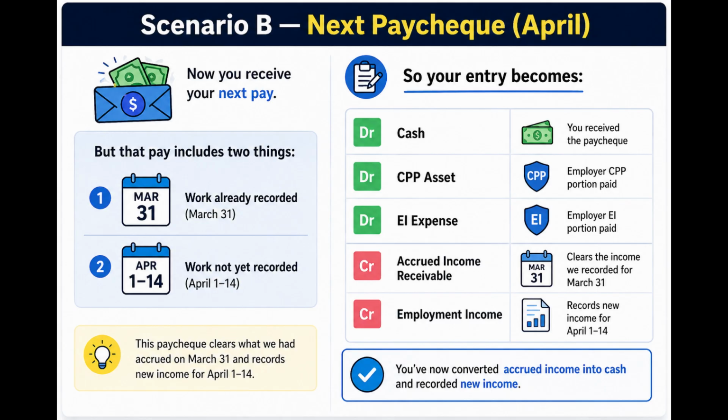The debit is to a CPP asset, and if you don't understand that, go back to the other video where I describe it. Another debit is to your EI expense account for the EI component. And you're going to have a credit to your accrued income. So this was the asset from the prior period. Now we're going to credit that. And that combined with the credit for our employment income should equal the total amount that we receive through cash, CPP, and EI.